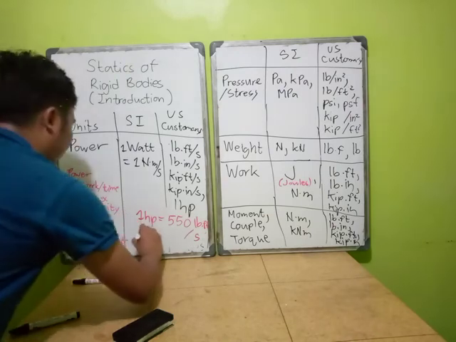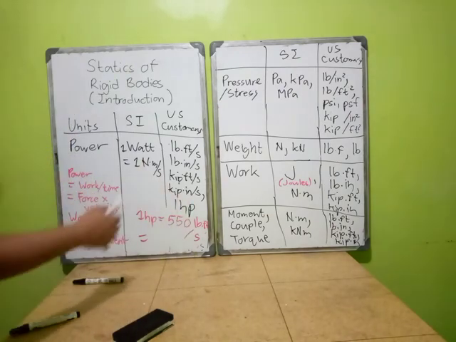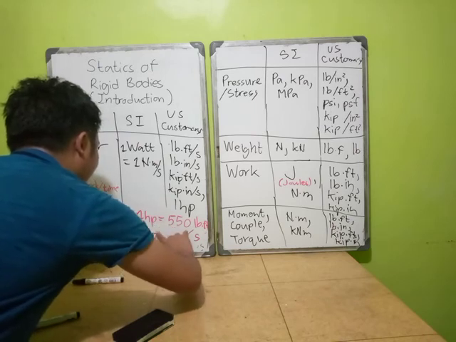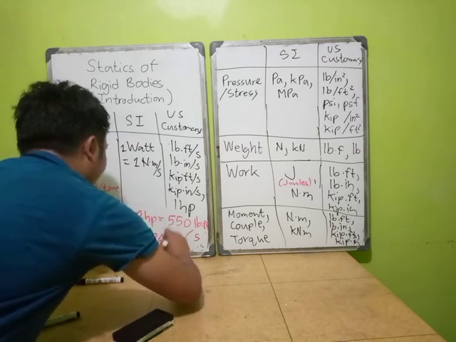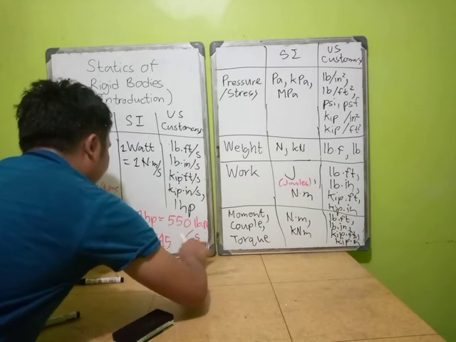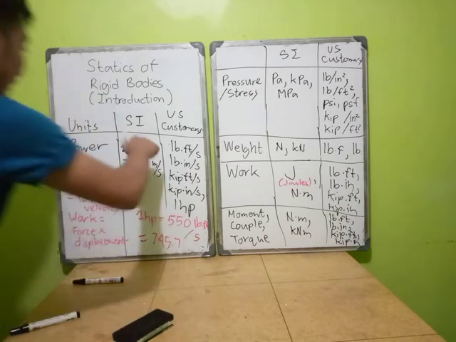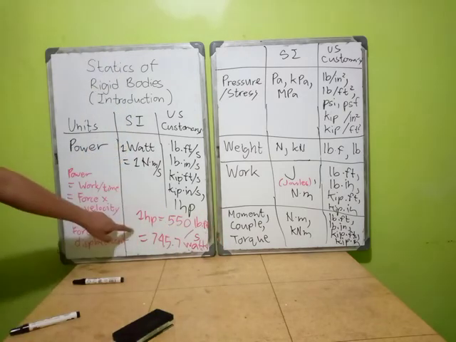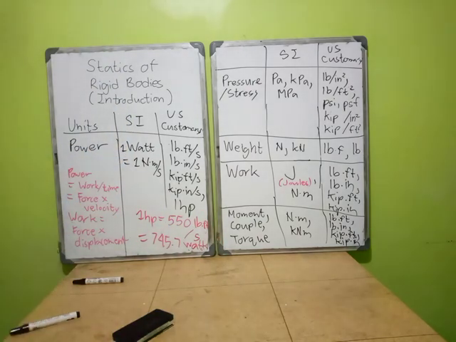In return, okay, so this is HP or horsepower. So 1 horsepower is approximately equal to 745.7 watts. Okay, yan. Yan yung mga units na gagamitin natin. Okay, so maybe marami pang iba.